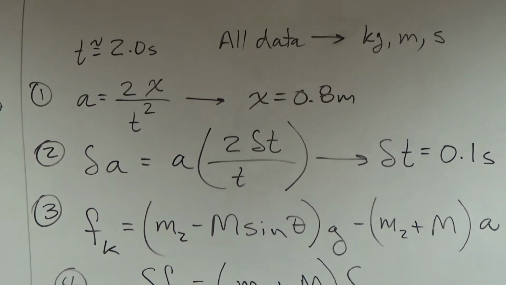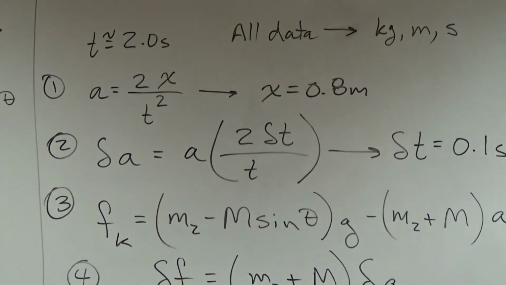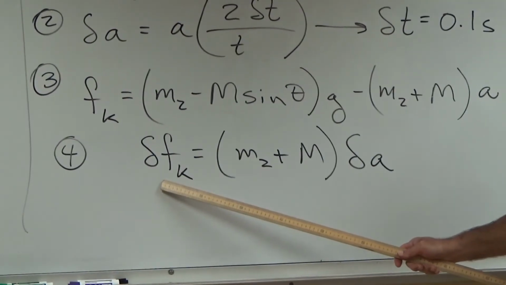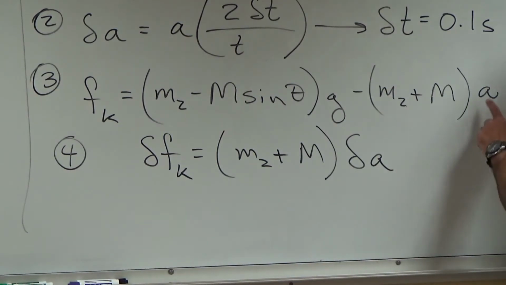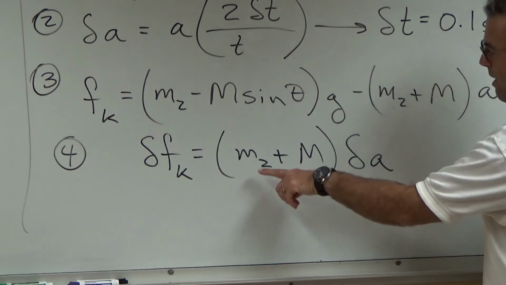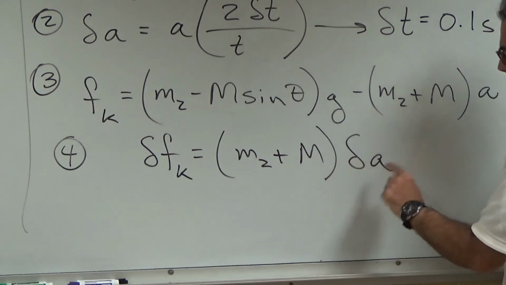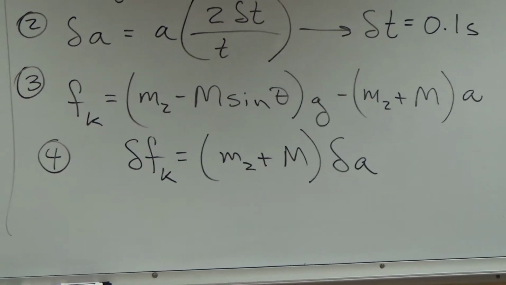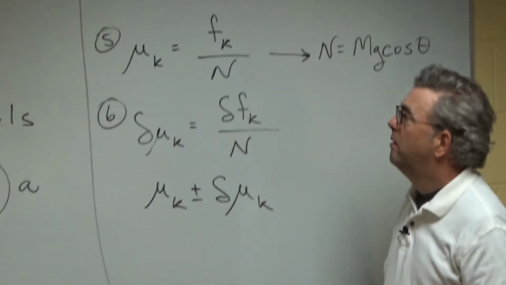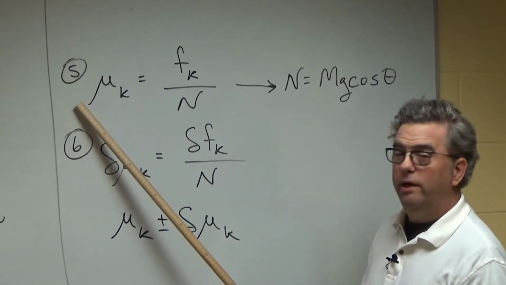Now we need an uncertainty in the kinetic friction term. So delta Fk is simply dependent on the uncertainty in the acceleration. Delta Fk is m2 plus big M times delta A. Equation 5.